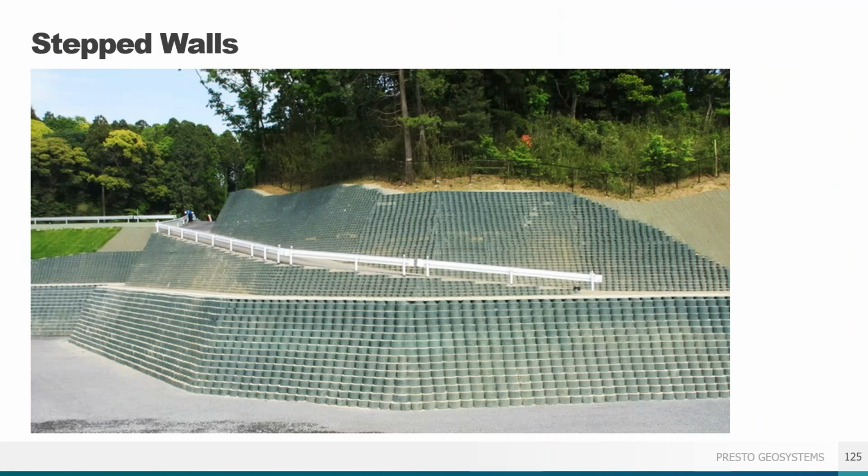Stepped walls can be useful and make for an interesting construction such as this. Here the engineer used 3 different wall batters and multiple stepped areas to make GEOWEB fit the site.